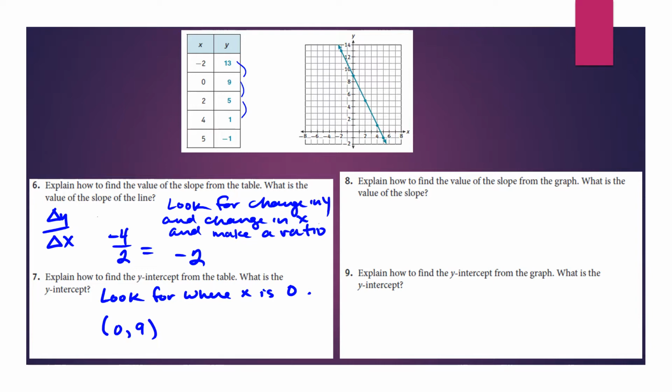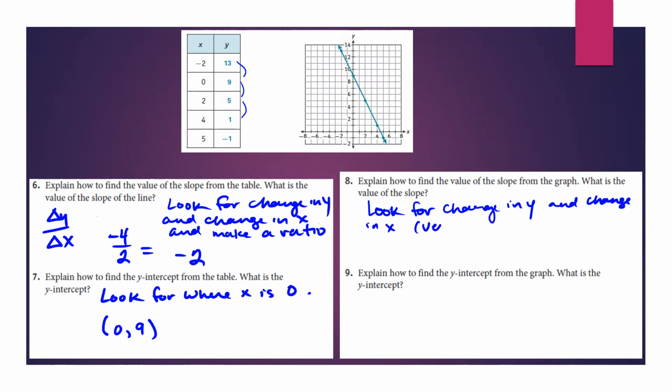Number 8 says explain how to find the value of slope from the graph. And it's sort of similar. We look for the change in y and change in x.